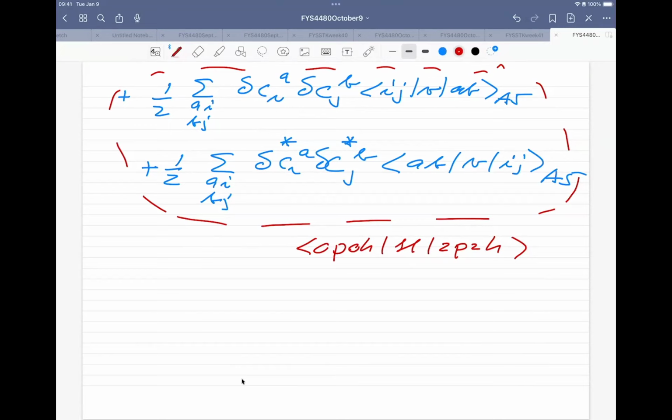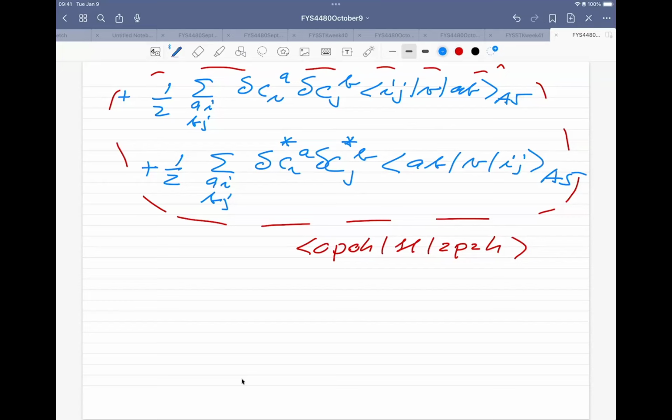The previous one was actually an overlap between the one particle, one hole state and a one particle, one hole state. So these terms are terms which we can rewrite. And what we are going to do then is to rewrite those terms using a compact matrix notation. So let's now look at these specific terms here.